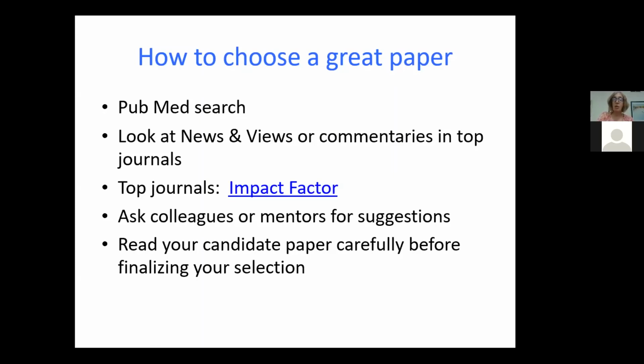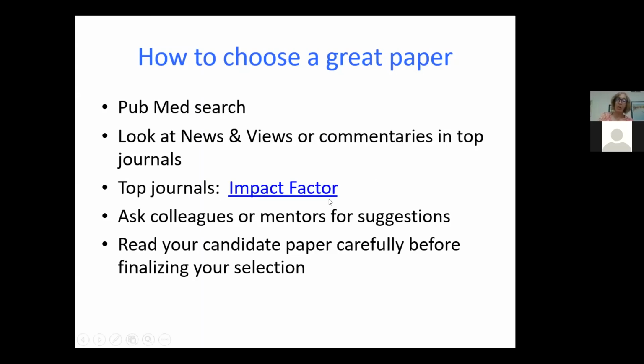These are not necessarily papers that are published in that journal, but ones that they think are very important, and that's a good place to look. Top journals, impact factor, I don't like that so much, where there's this judgment system where some journals are of higher impact than others because it's felt that they publish papers of higher impact. You can go that route.